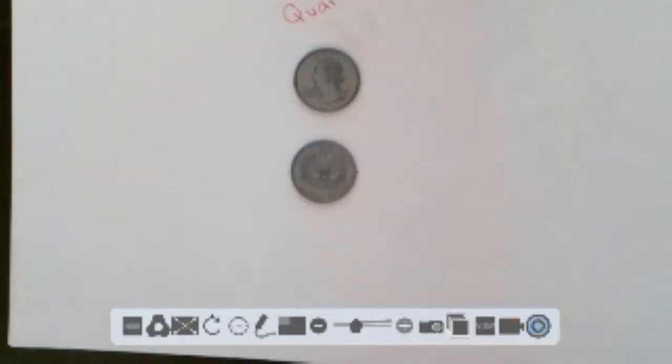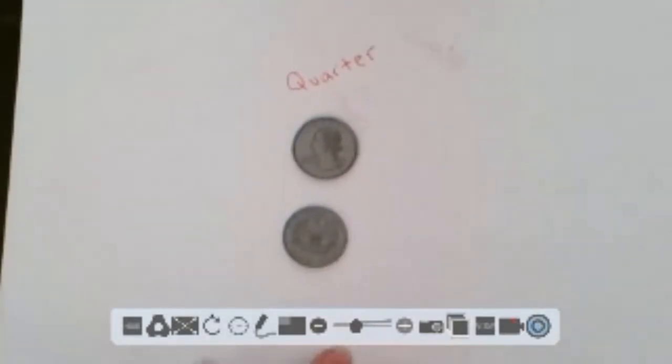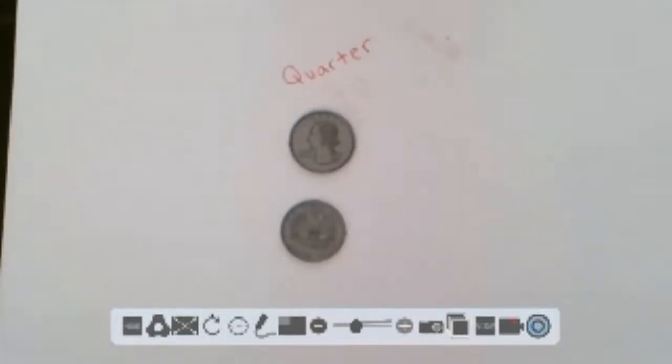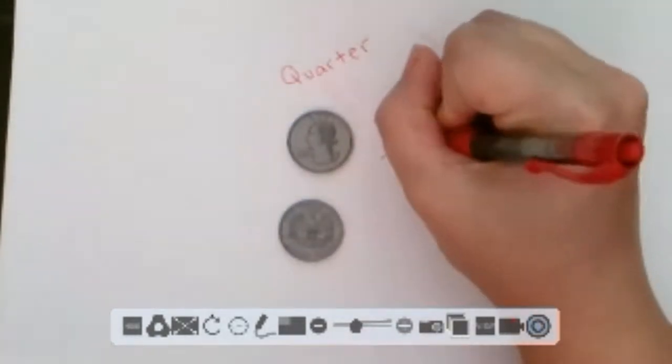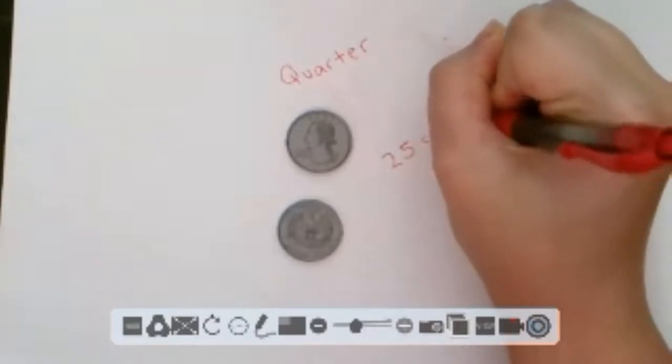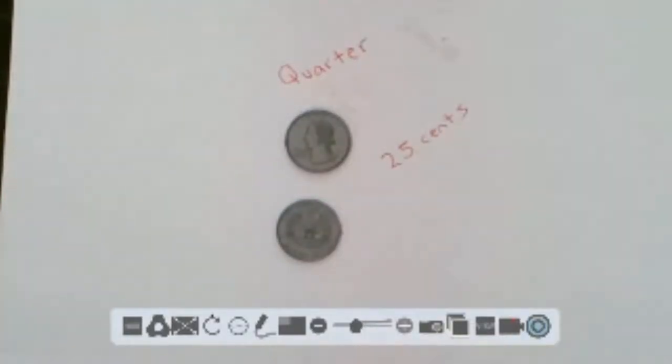Quarters for first grade are our most valuable coin. So we had penny for 1 cent, nickel for 5 cents, and dimes for 10 cents. The quarter is worth 25 cents. So if you've ever gone to, let's say, Dave and Buster's or the Alley, or restaurants that have the little toy vending machines that you put coins in, normally you put a quarter or 2 quarters into those machines.